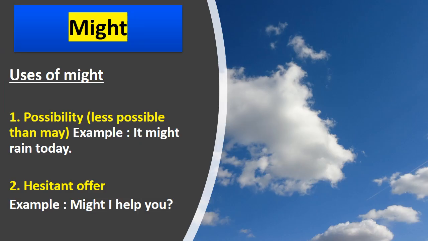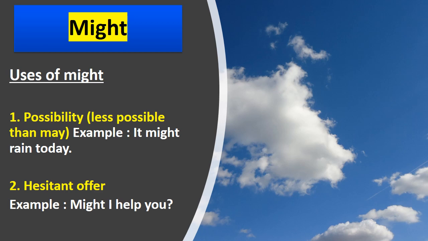Next is might. Might is the past form of may. Now what are the uses of might? Might also shows possibility, but it is less possible than may. For example, it might rain today. So if there are clouds, we say it might rain today.